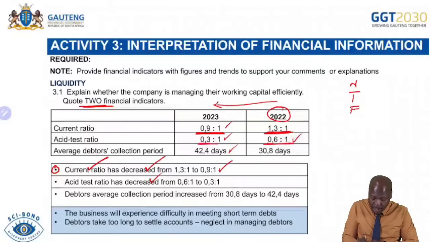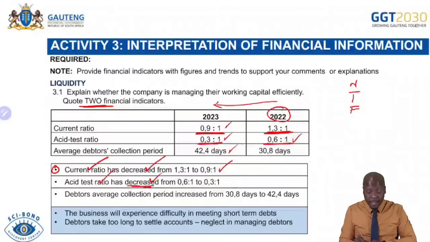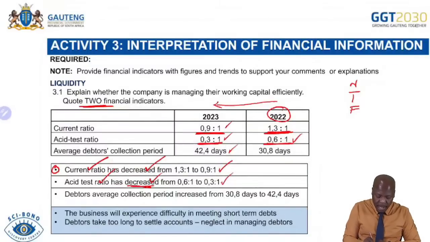In 2023, it's now 0.3:1. Again, you can see it has decreased. So I start with the name. The acid test ratio has decreased from 0.6:1 to 0.3:1, a decrease.